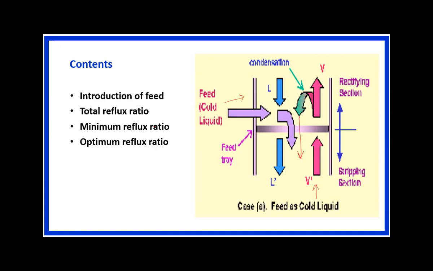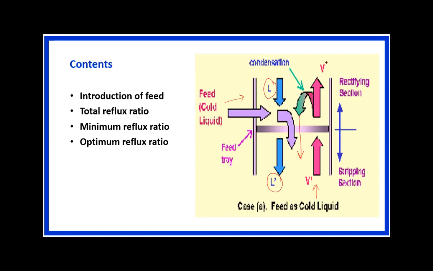So if you consider the liquids, the liquid coming from the rectifying section, that is the top of the column above the feed plate, is considered as capital L, and the liquid going below the feed plate can be considered as L dash.